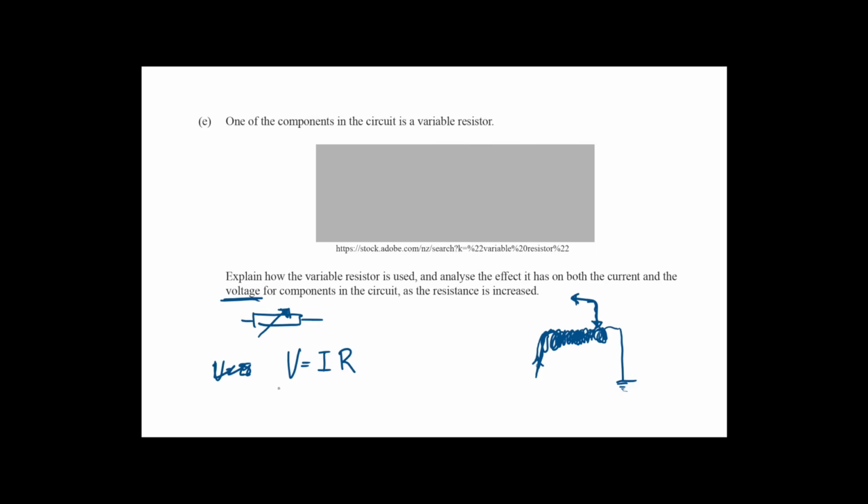So the voltage is fixed, and we want to work out how much current we put through this resistor. We can do that by changing the resistance until we find the current that we want to put through the other resistor. I don't know how you would write that, but the voltage doesn't change.